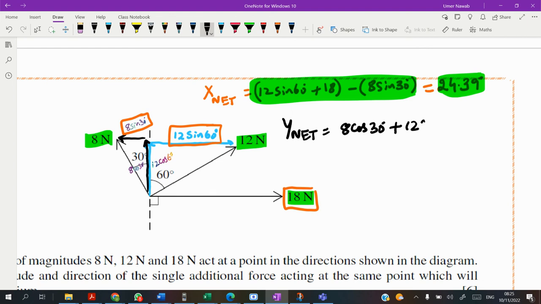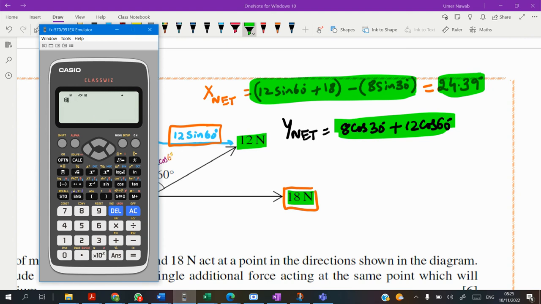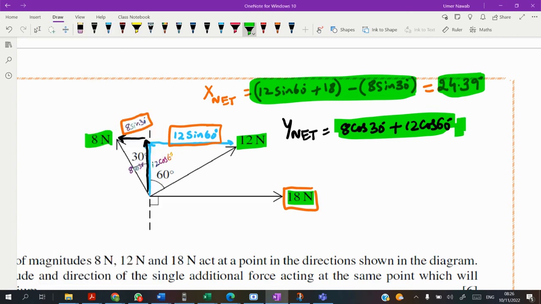Let's get this answer from a calculator. 8 cosine 30, close the bracket, plus 12 cosine 60, close the bracket, and get your answer, 12.93. Now we are ready to find the resultant.